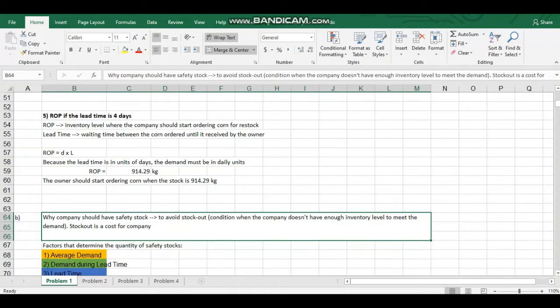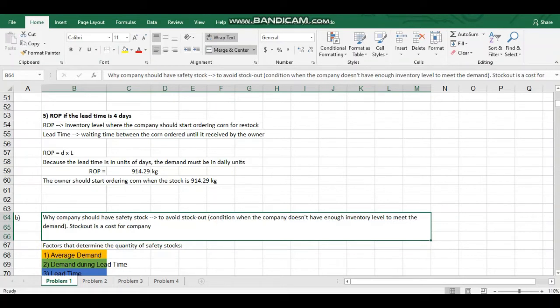So let's say we have the main stock, you use the main stock to fulfill the demand, and when the main stock is running out, we still have the safety stock to use to fulfill the demand. That's why we have to have safety stock, because stock out is a cost for a company. When we have demand while we have no stock, it means we can't fulfill the demand, right? And it becomes our lost sales, and we couldn't generate any revenue if we have no inventory to fulfill the demand.